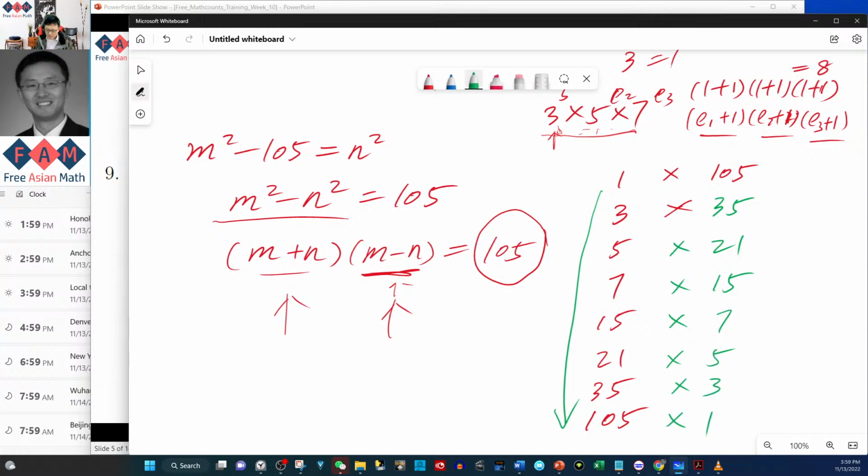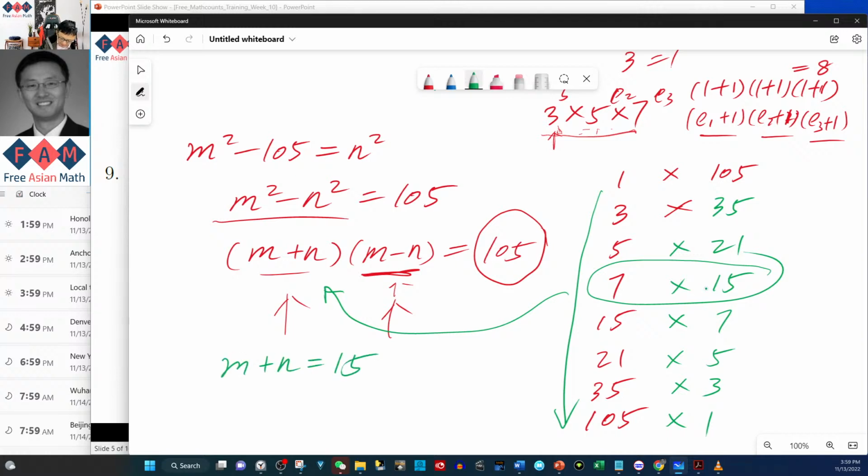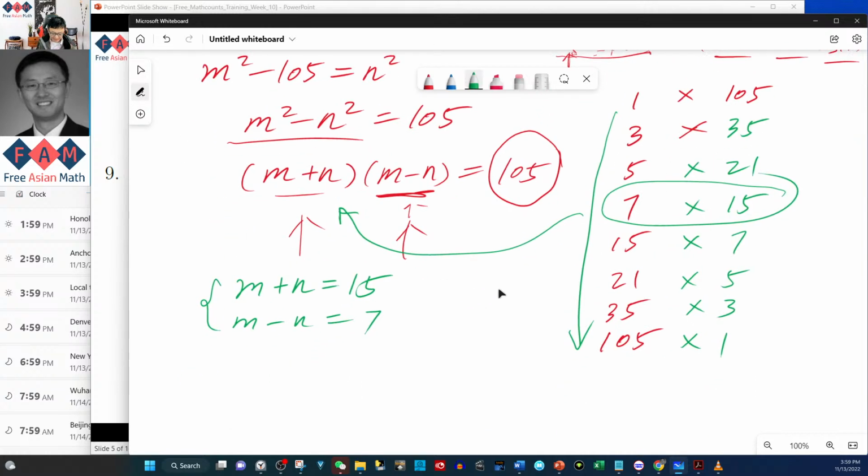Why are we doing this? Because each such pair, let's say 7 times 15, must match this relationship. One is the larger one, one is the smaller one. So in this case, m plus n equals the larger one, 15, and m minus n equals 7. We know how to solve a system of equations like this.